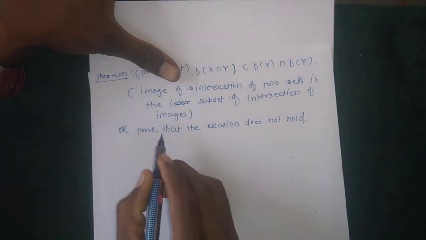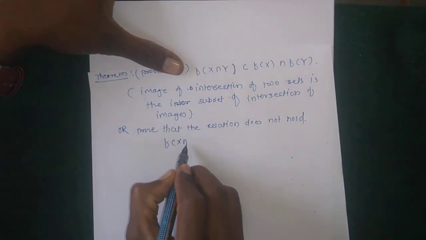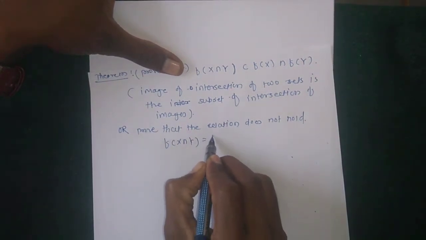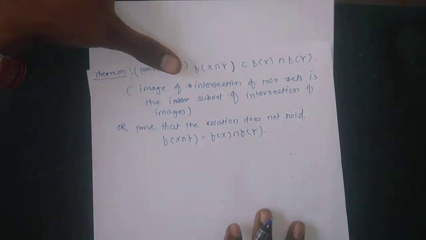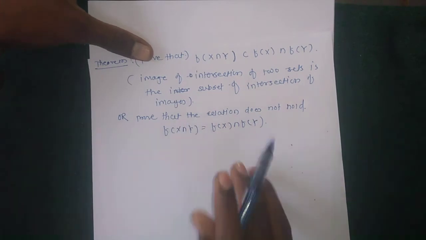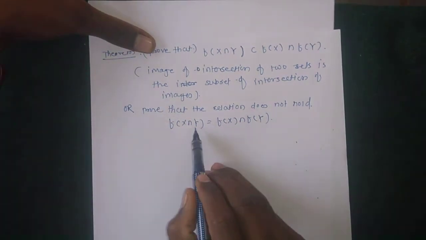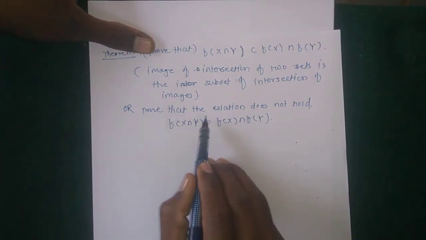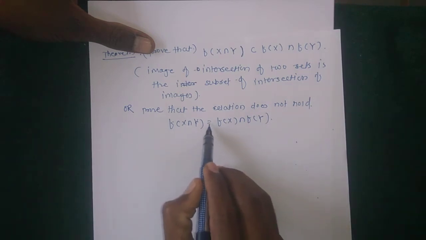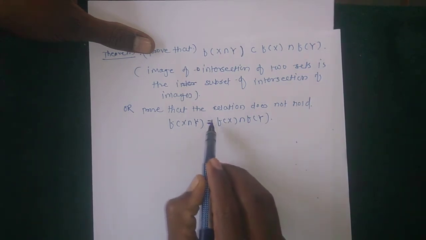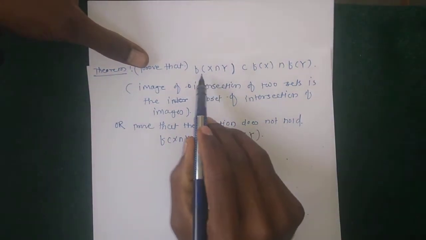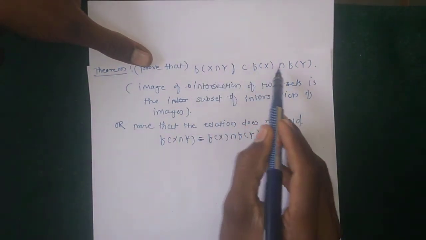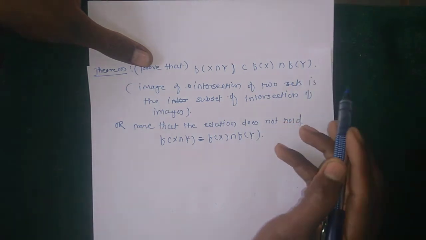And this relation is f of X intersection Y is equal to f of X intersection f of Y. This question is also asked in exams in this form. Prove that the relation does not hold means this equality does not hold. So only f of X intersection Y is a subset of f of X intersection f of Y.